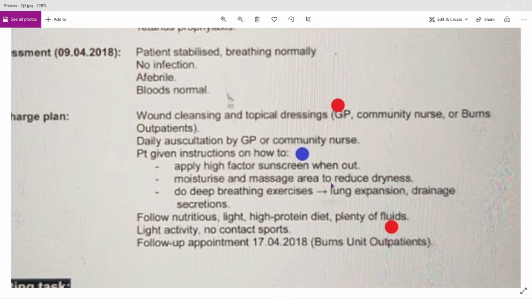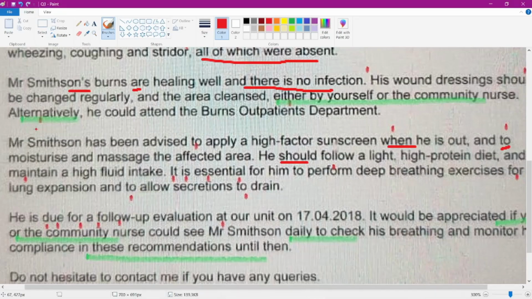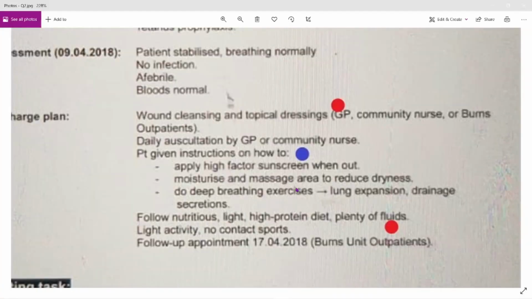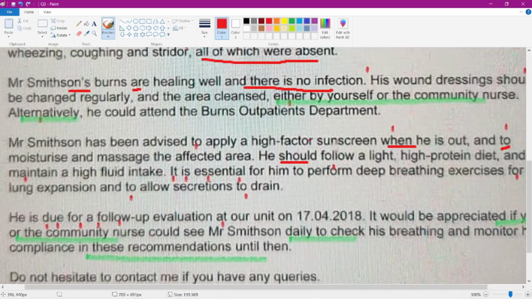Moisturize and massage the affected area to reduce dryness. And deep breathing exercise, lung expansion, drainage of secretions. Then they have mentioned also he should follow a light, high protein diet and maintain a high fluid intake.